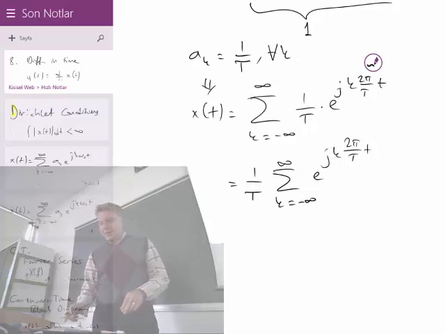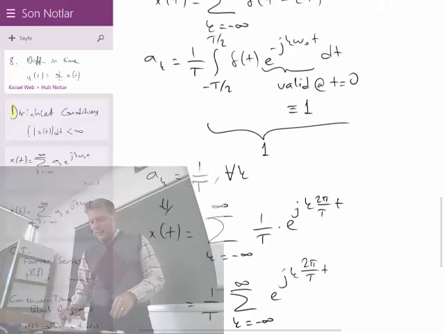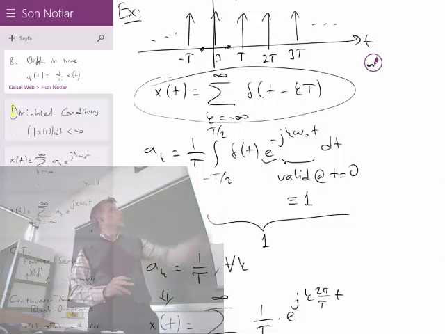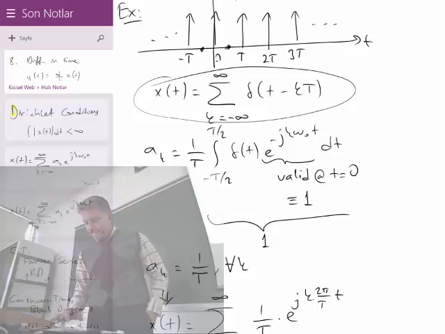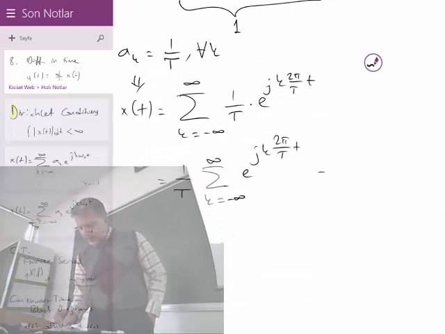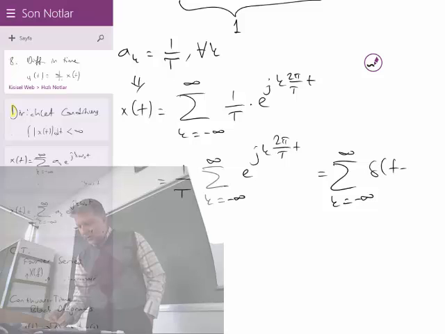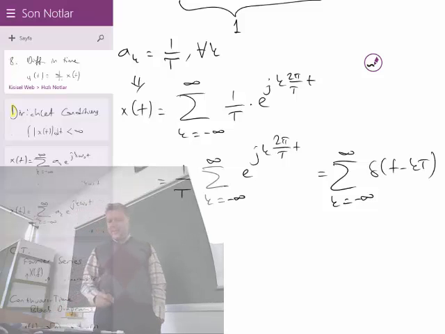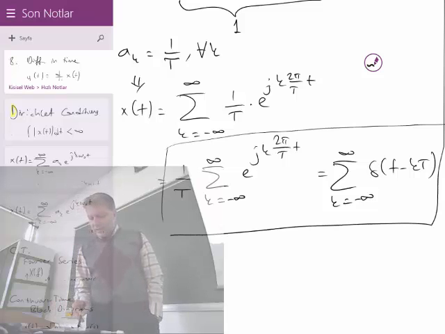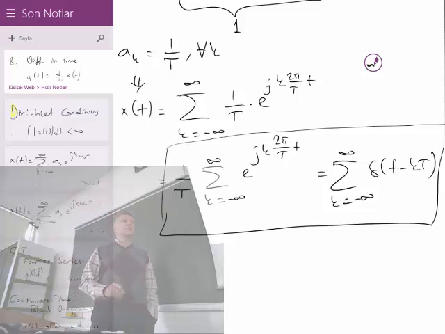However, we also know that x of t was this. So let's also write that: summation k from minus infinity to infinity delta t minus k capital T. Now one of the things that I have most difficulty in understanding is the equality of these two.